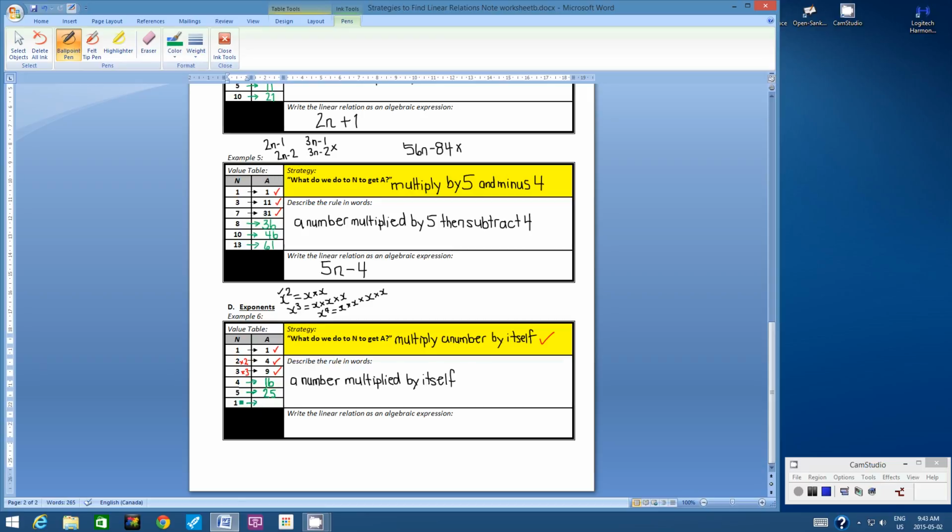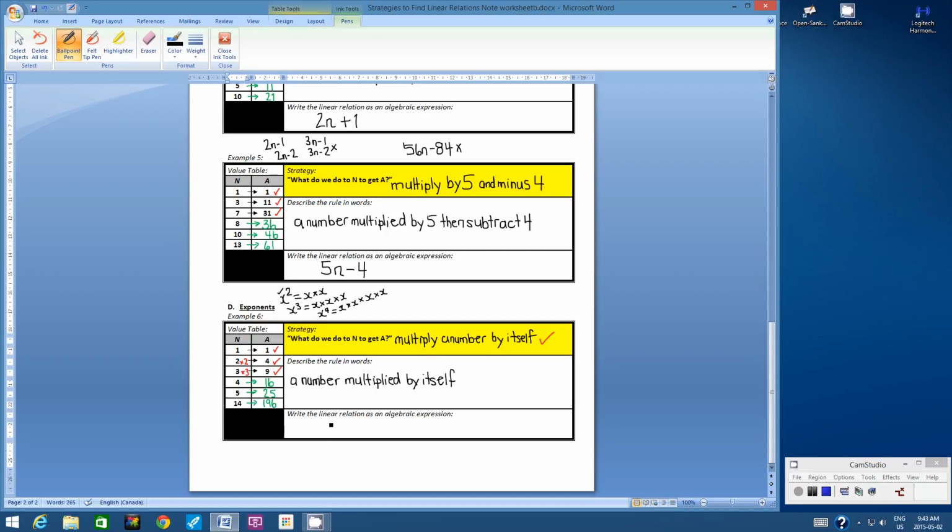And this one, maybe you needed a calculator. Okay, so hopefully you completed that value table with the a values of 16, 25, and 196.